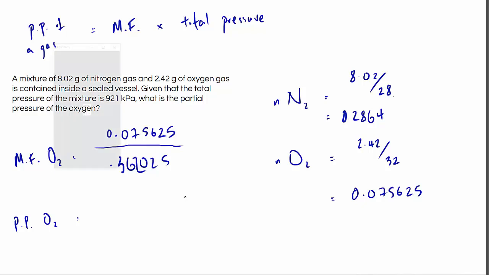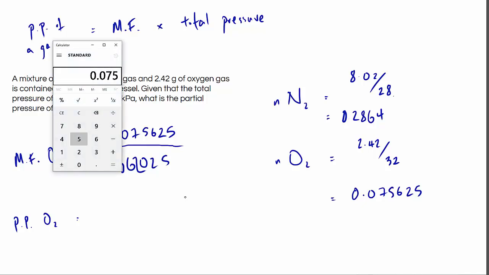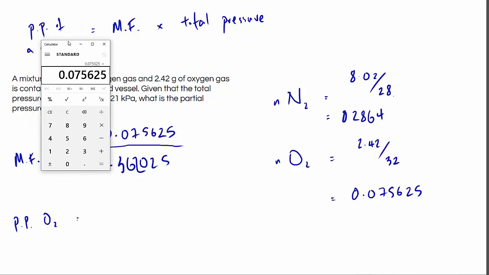Okay, and then what we're going to do here is 0.075625 divided by 0.362025. That's going to give us 0.208 and so on.